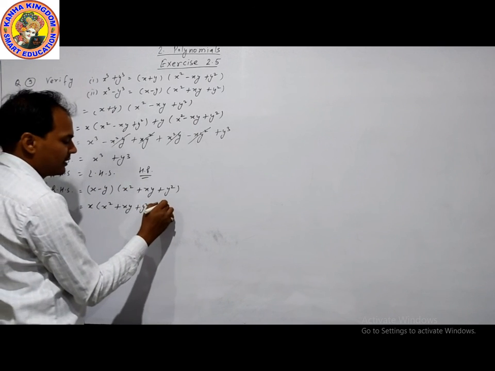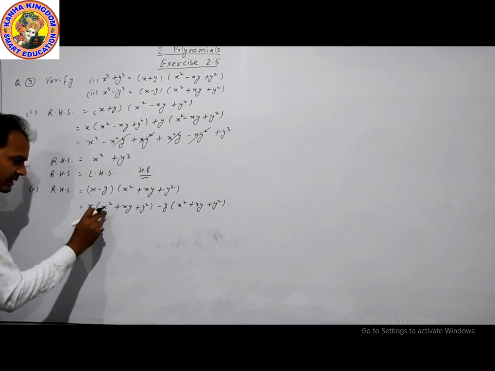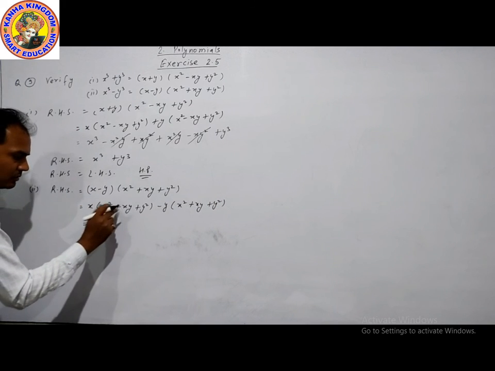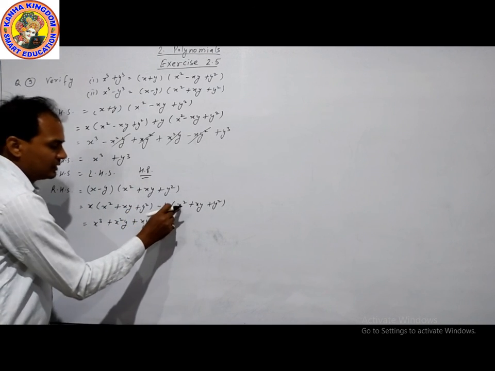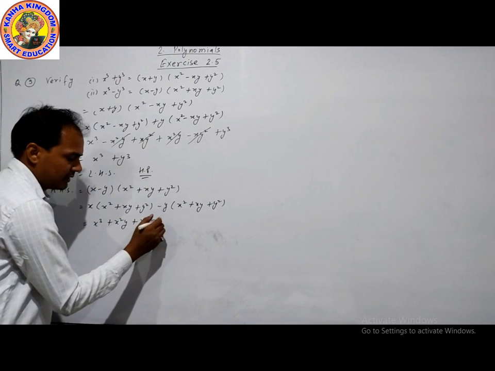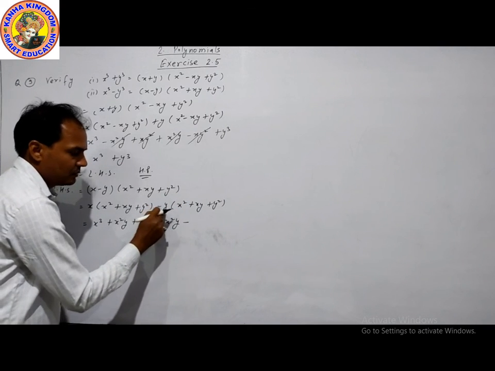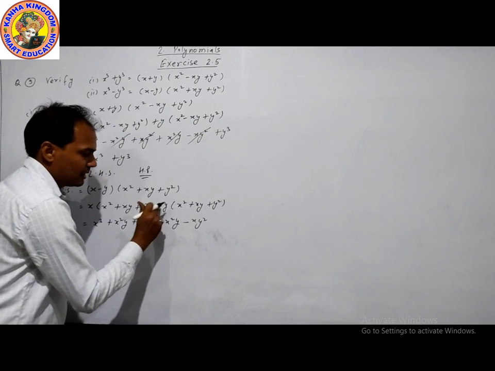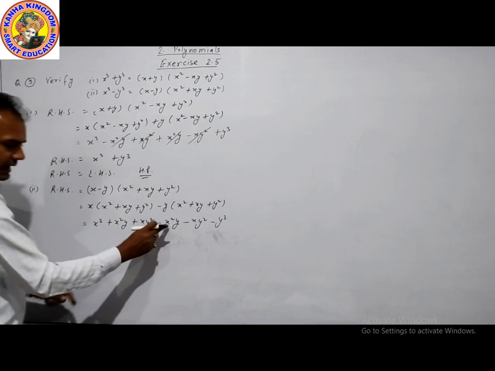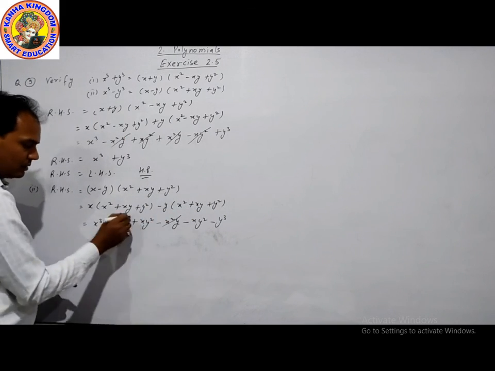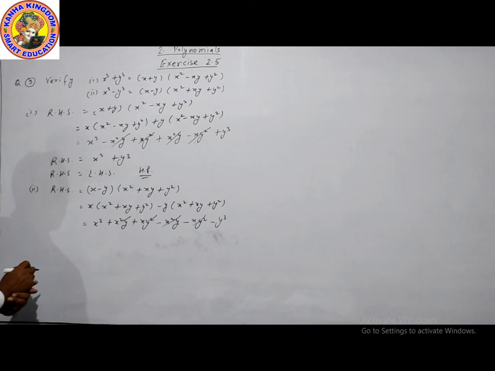Now minus y into x square is minus x square y, minus y into xy is minus x y square, minus y into y square is minus y cube. The x square y terms cancel, the x y square terms cancel.